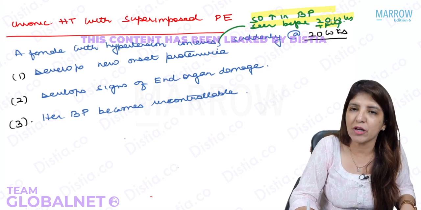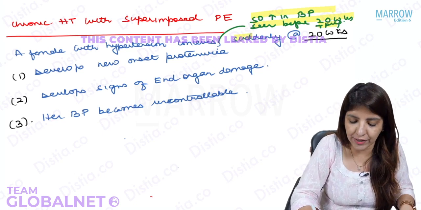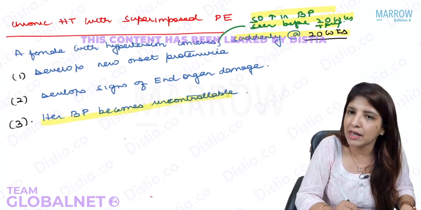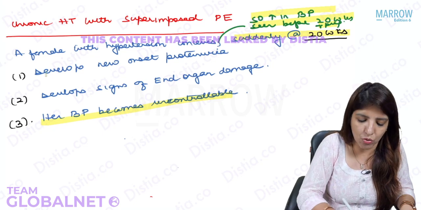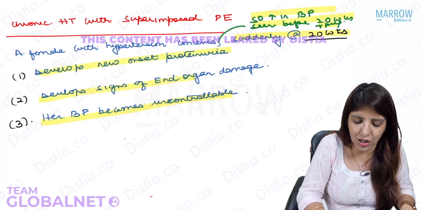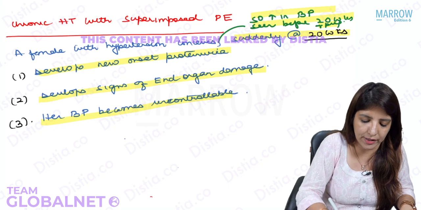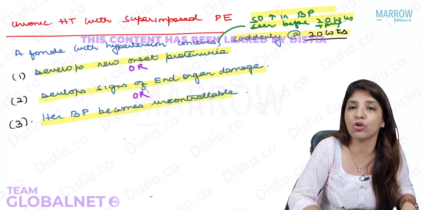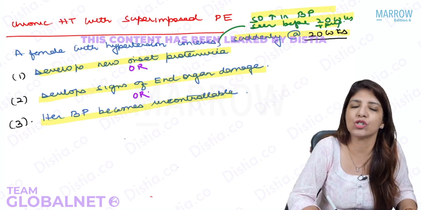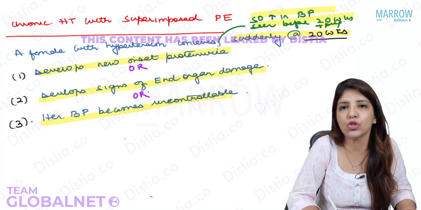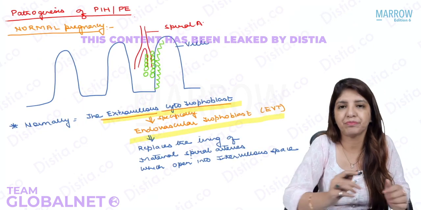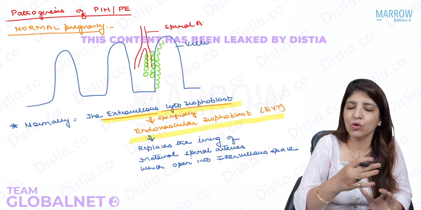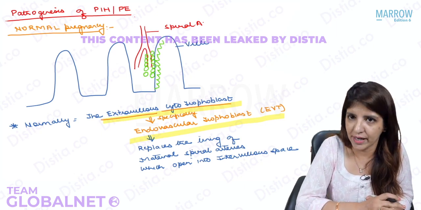Now, in such a patient of chronic hypertension, if suddenly after 20 weeks her BP becomes uncontrollable, or suddenly she develops new onset proteinuria, or suddenly she develops signs of end organ damage, if any of these three things develop in a chronic hypertensive patient, then you say it is chronic hypertension with superimposed preeclampsia. Clear? So these were the different terminologies which are used for classifying hypertension in pregnancy.